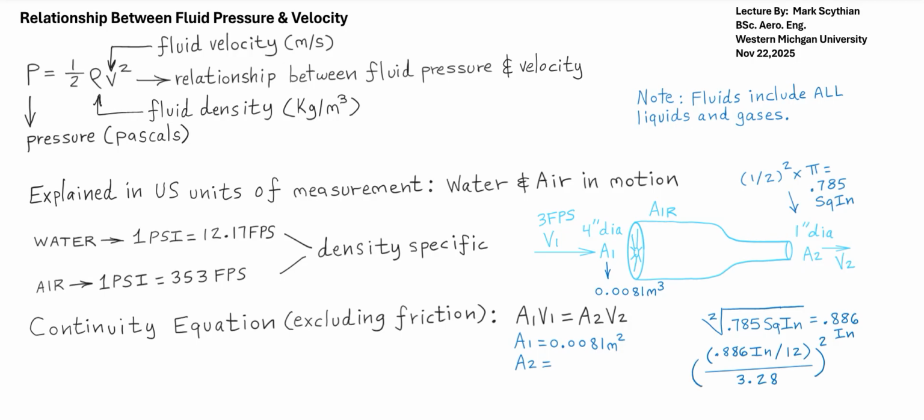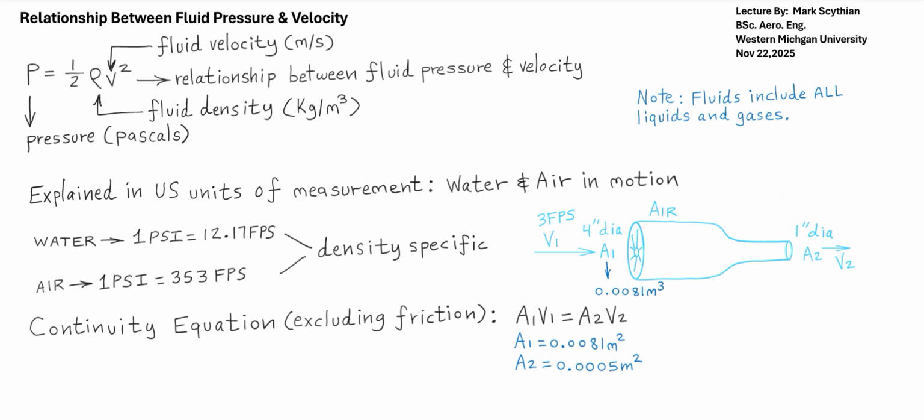Then we square the calculation, and we get 0.0005 square meters of cross-sectional area at the outlet A2. And so again, we can convert the feet per second on the inlet from 3 feet per second to 0.914 meters per second. And then we solve for, in this case, V2.